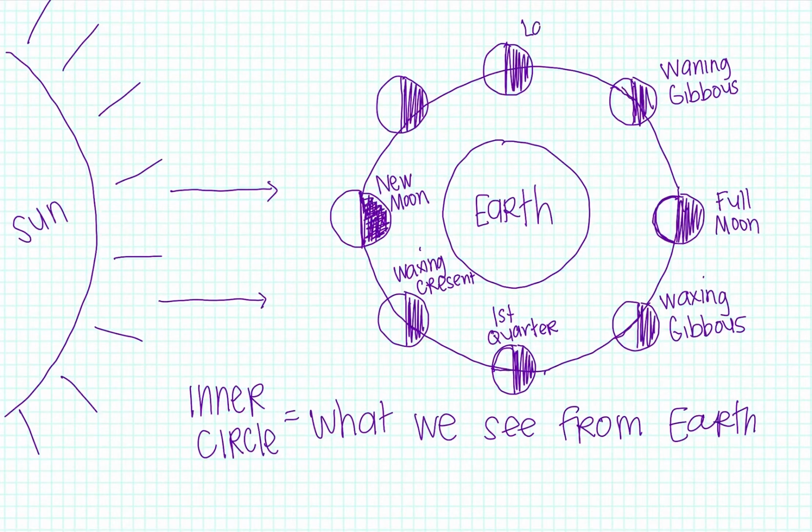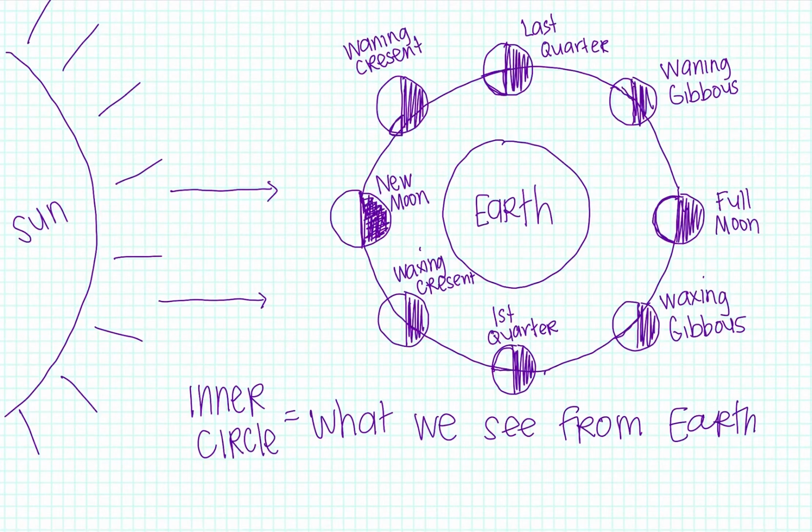Then we come to the last quarter moon, where we can just see that quarter of the moon again. And then finally, we have our last one, which is the waning crescent. And oh, I cut mine off, but we can only just see that little piece of the pie.